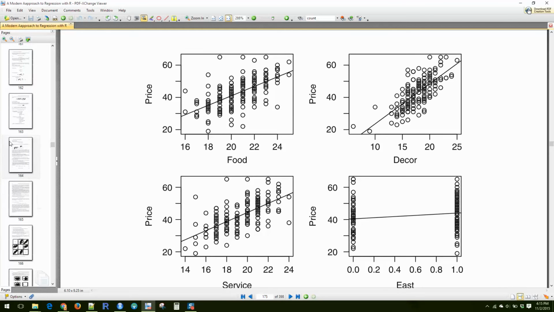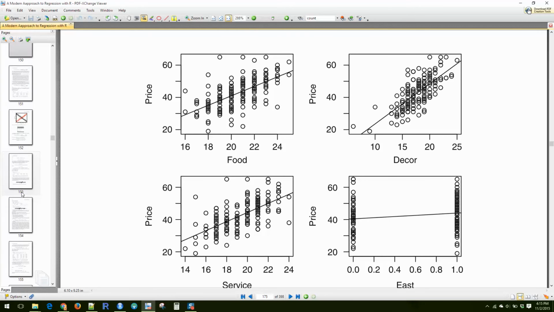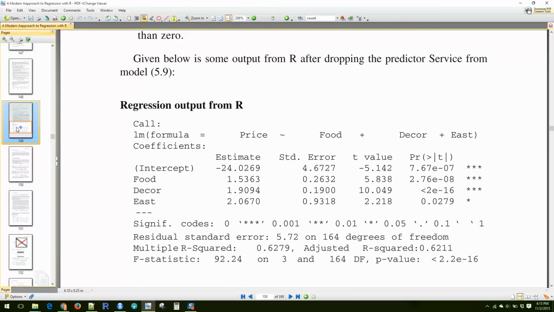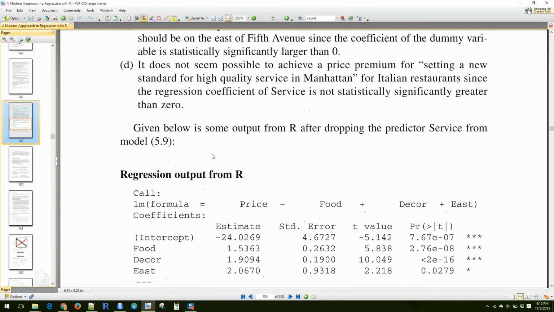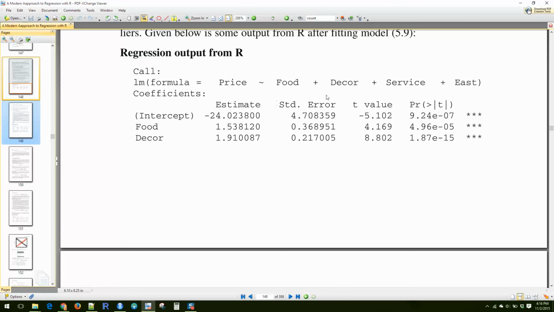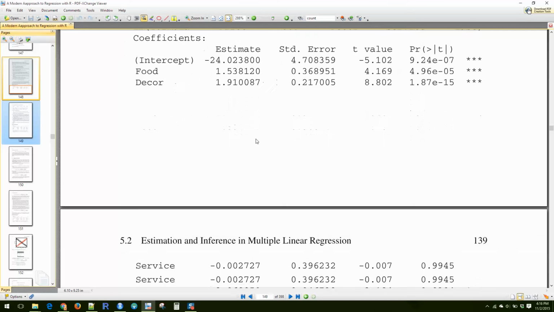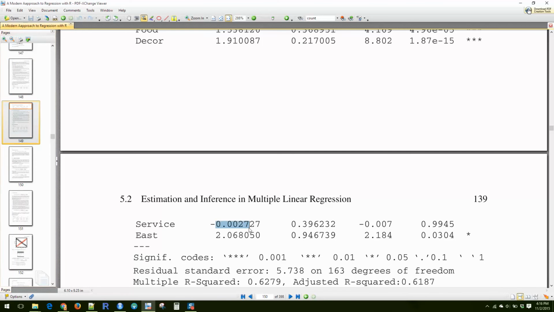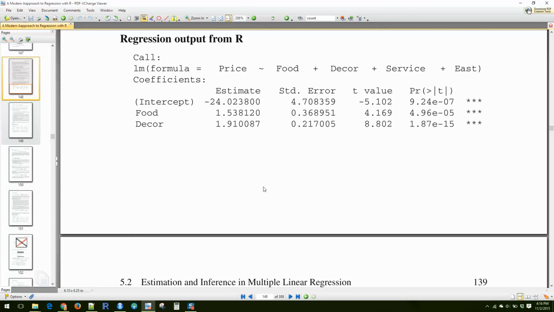However, I don't know if you guys remember, but when we looked at the actual coefficients of the model that we fit, when we included all of these predictors, the food, the decor, and the service actually had, it seems like, no impact on the price, okay?